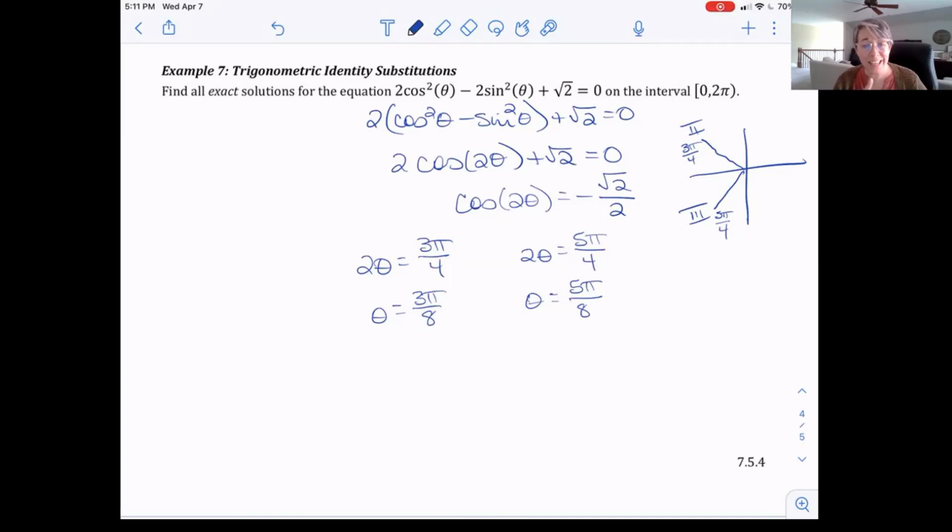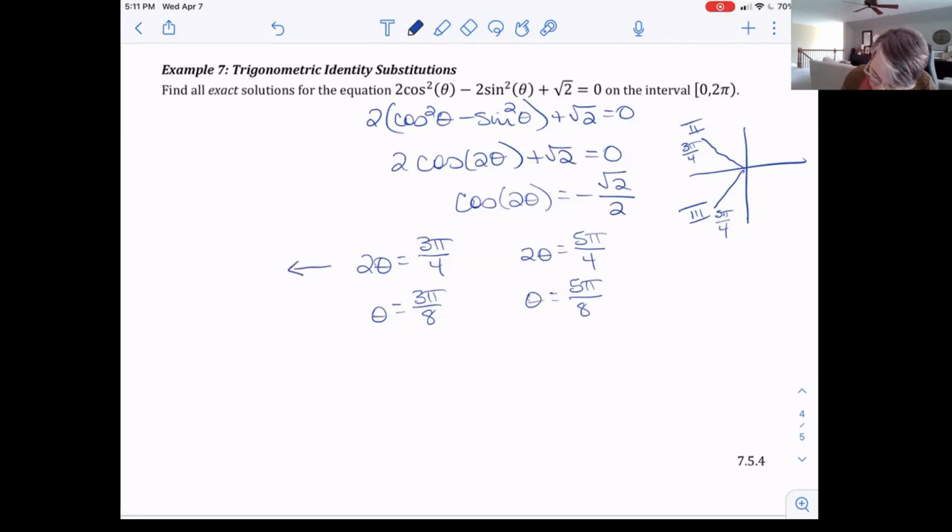So remember, theta has to be between 0 and 2 pi. We are working with 2 theta. So we also want to consider 2 theta could be 3 pi divided by 4 plus 2 pi. We want to see if that is also within our interval, because notice it will hit the same spot every time.